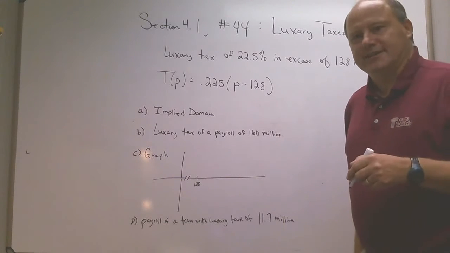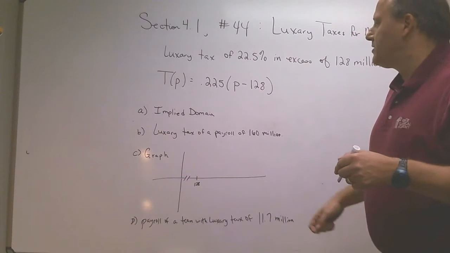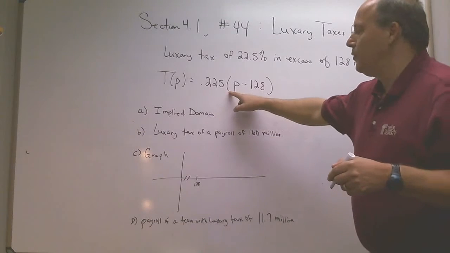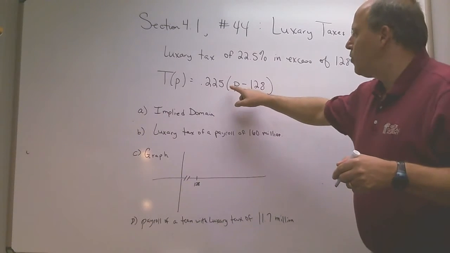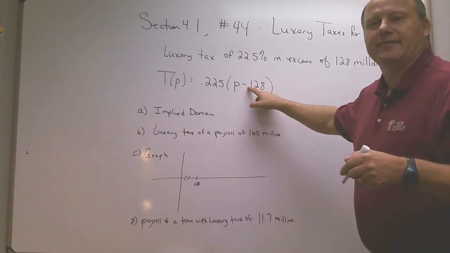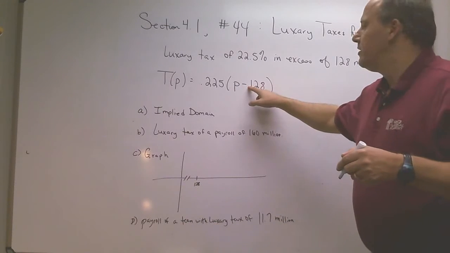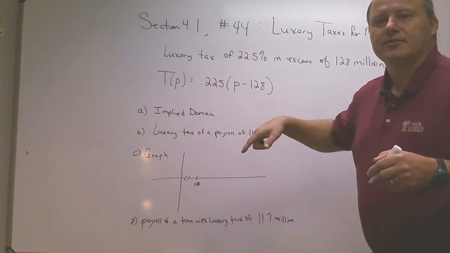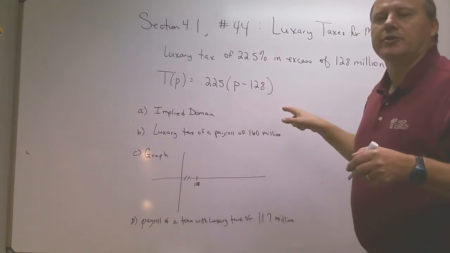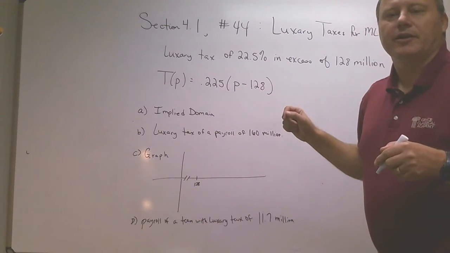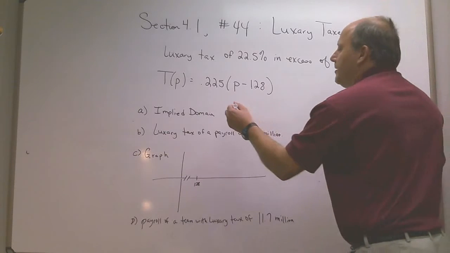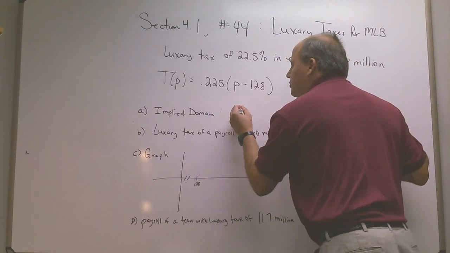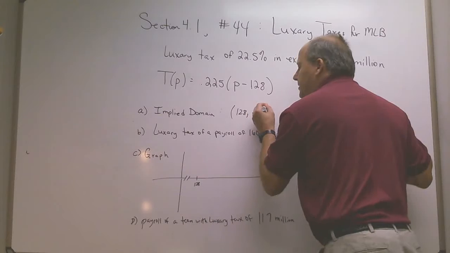If you put 100 million in here, it wouldn't work because 100 minus 128 is a negative, and they don't get money back. So it's got to be above the 128 million for it to work. So the implied domain is from 128 million and up.